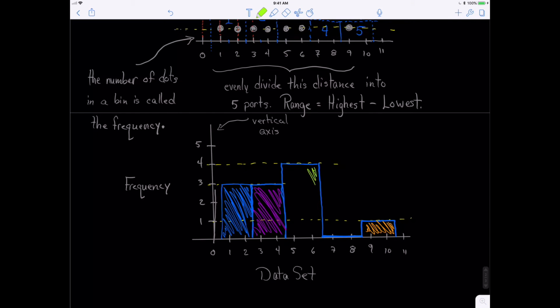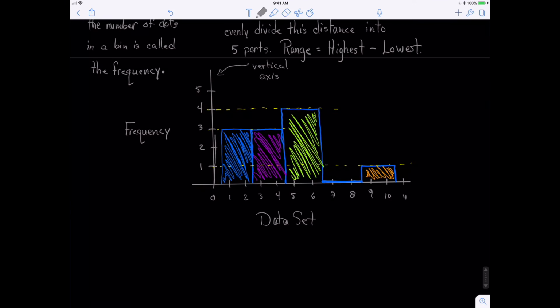So there's a few things to notice. These numbers, and let's go back to our regular writing pen. The edges of the bins are called class boundaries.